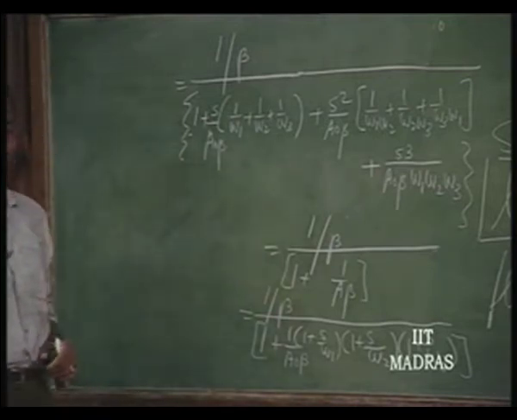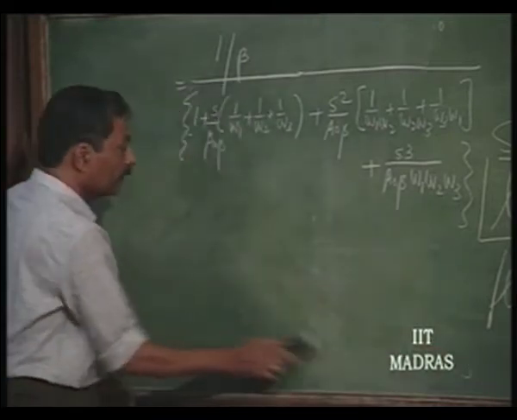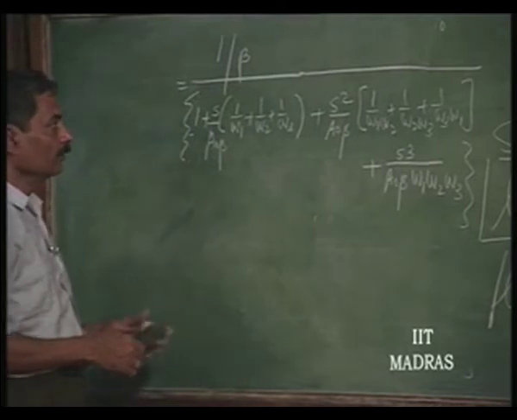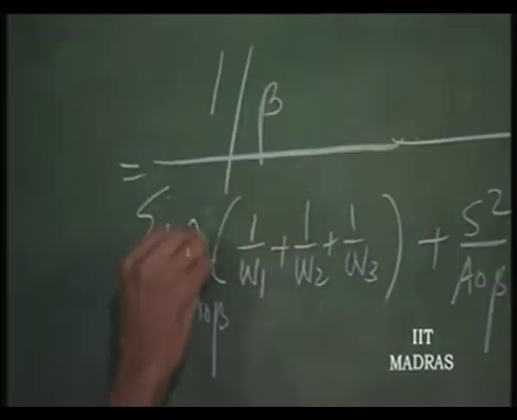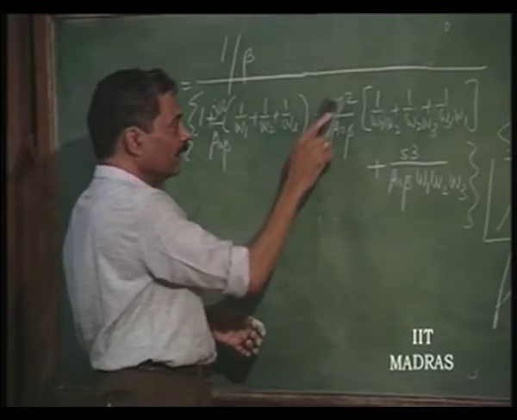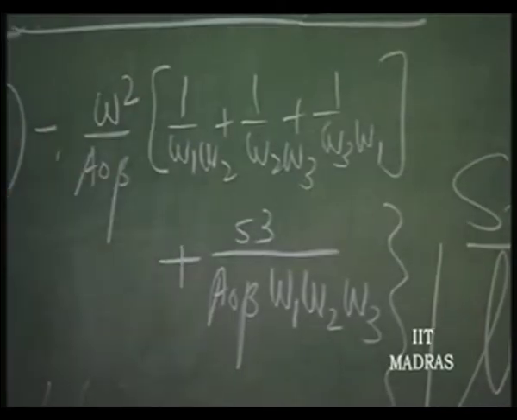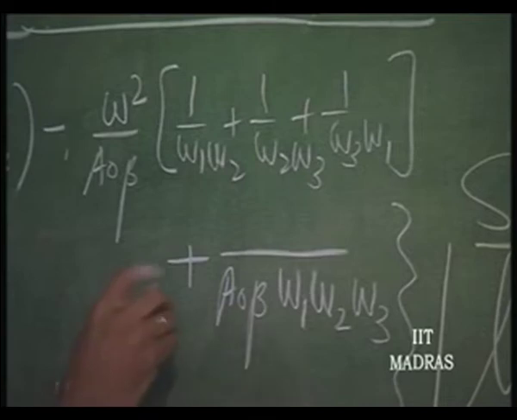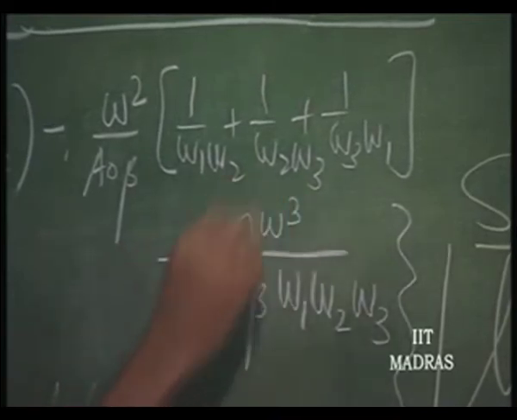What is the problem? The problem is, if you put S is equal to j omega, then this becomes omega squared, and this becomes minus j omega cube.